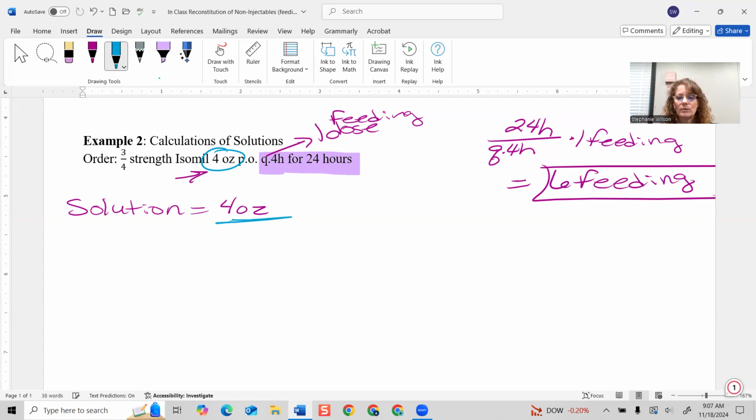Now, my relationship between ounces and milliliters, I know for every 1 ounce, it's times 30 milliliters. My ounces reduce, right? With themselves gives me 1. 4 times 1 divided by 1 times 30 gives me 120 milliliters. All right. This is the part I was saying be careful about.